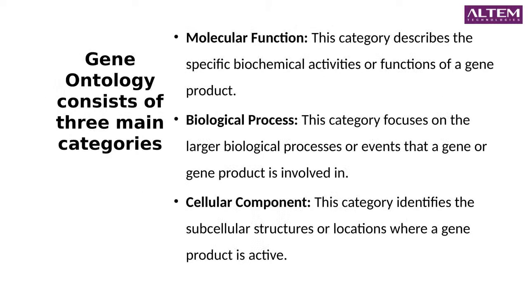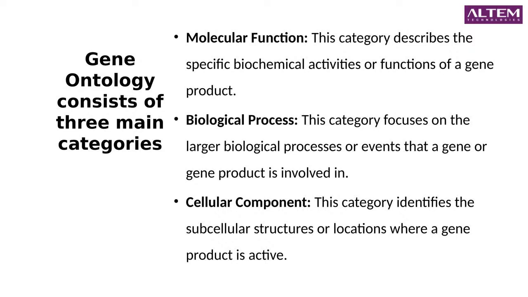In molecular function categories, say, we describe the specific biochemical activities or function of a gene product. For example, it may define a protein as having kinase activity, so it will indicate that it has a role in phosphorylating other molecules.